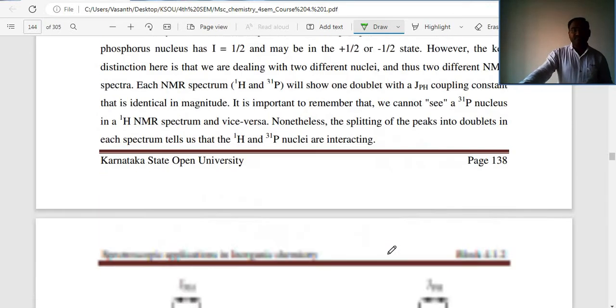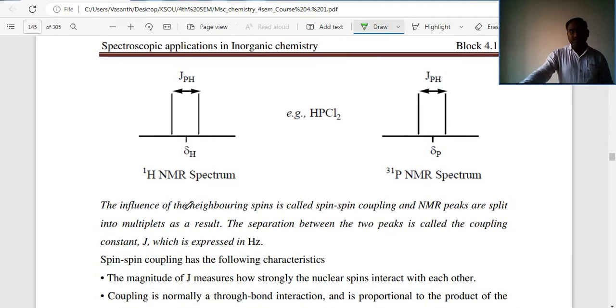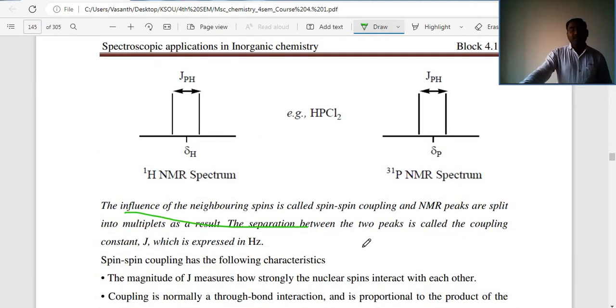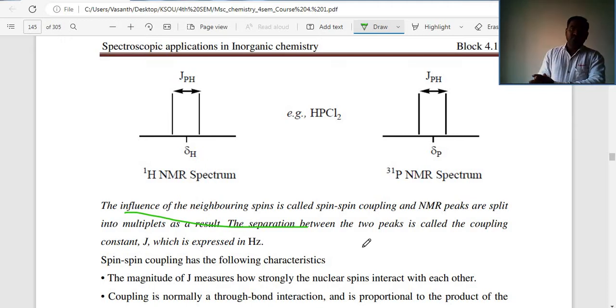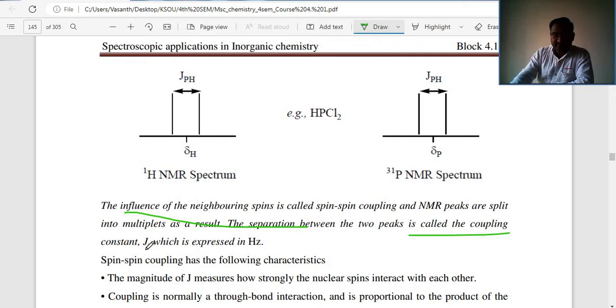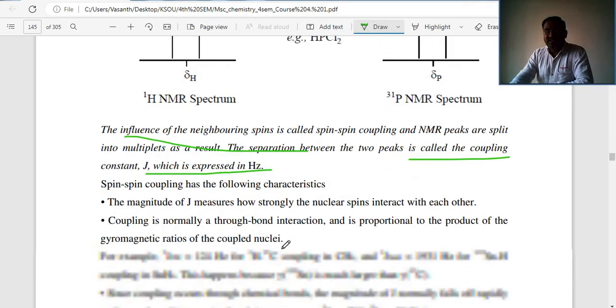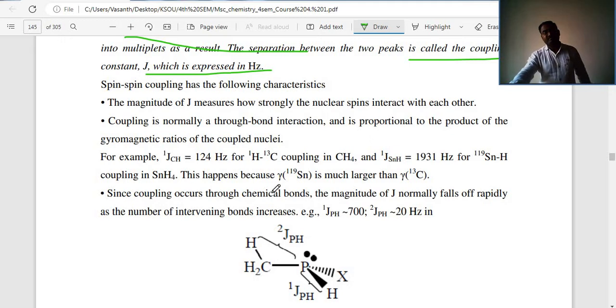Next we consider the protons' influencing of neighboring spins, called spin-spin coupling, and nuclear peaks are split into multiplets. As a result, the spacing between the two peaks is called the coupling constant J, which is expressed in hertz.